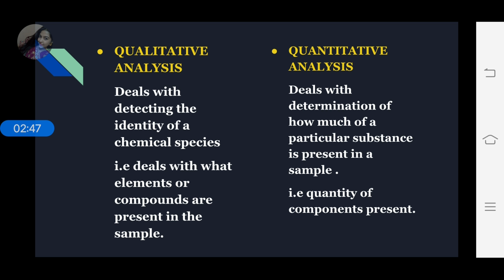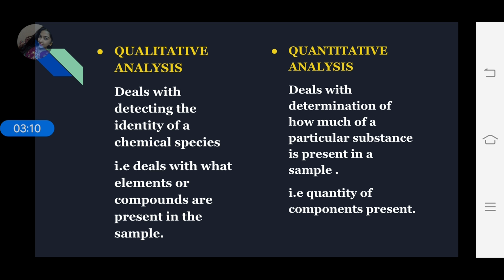Okay, by quality I mean to say what elements or components are present in that mixture, the color, the shape, the size, all the external factors, okay, that determines the quality. What elements or what components are present in that mixture is found out under the qualitative analysis.